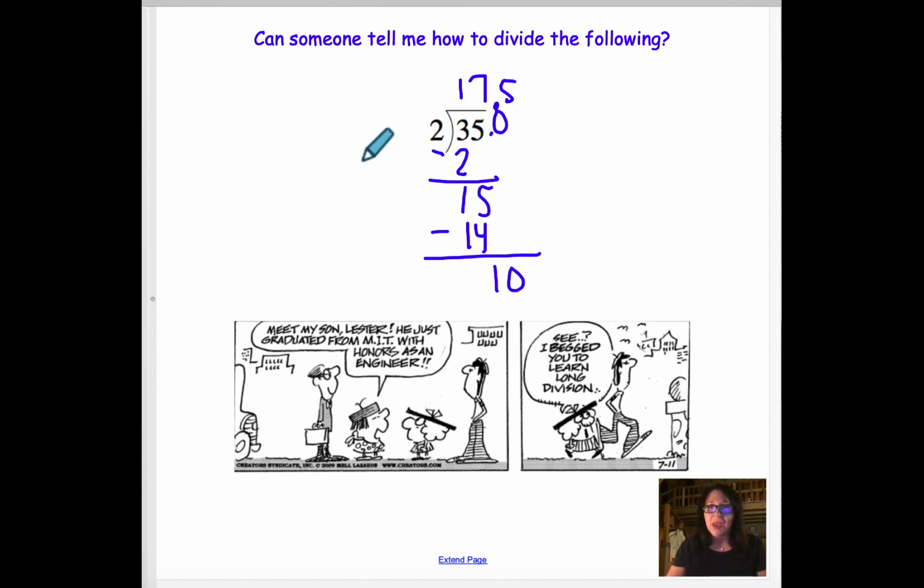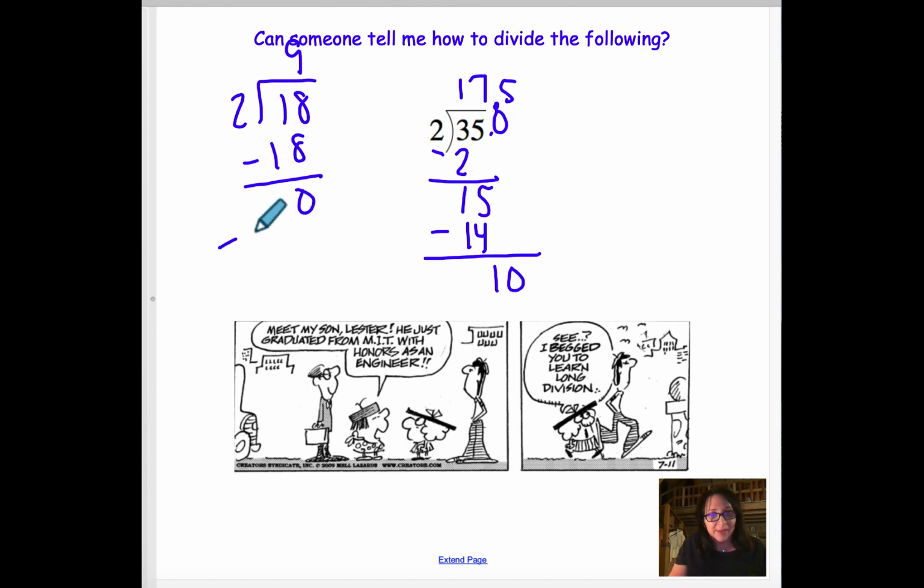Either way is fine. But the reality is that if you have a remainder, that means it's not 0. If it's 0, that means that 2 would be a factor. If I were to divide 18 by 2, 2 times 9, that's 18.